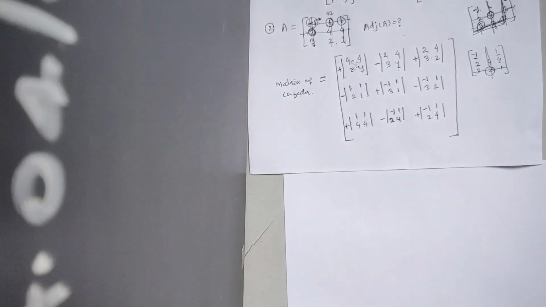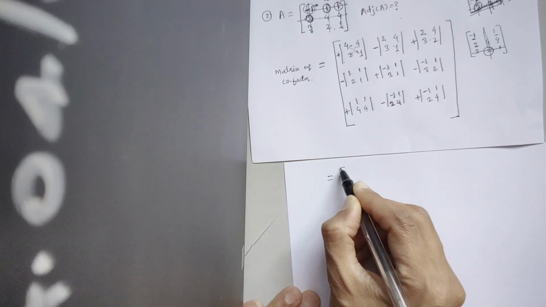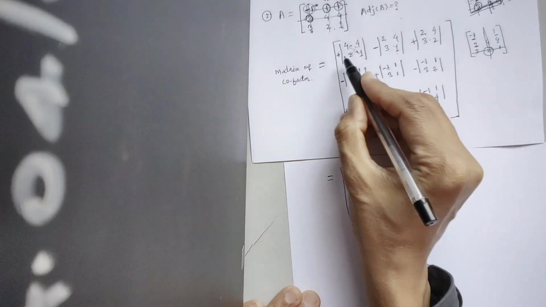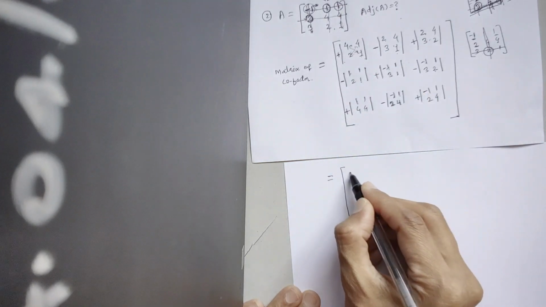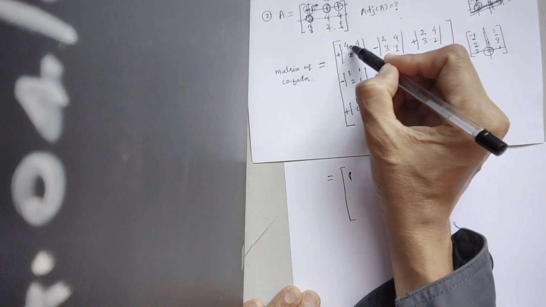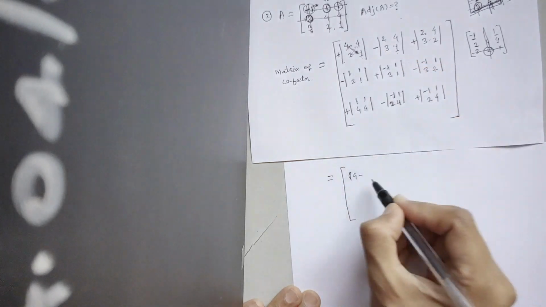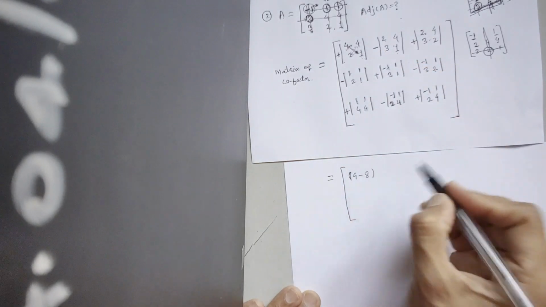You already know how to find a determinant, so just find all the determinants here. So what will I get? I'll get this plus sign here, I am not writing it. What will be the determinant? Determinant is cross multiply and subtract. 4 into 1 is 4, minus 4 into 2 is 8.